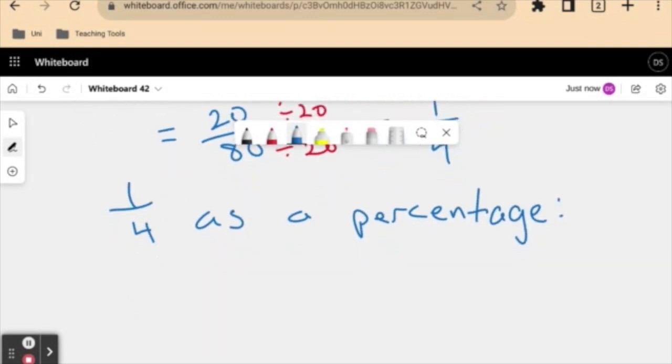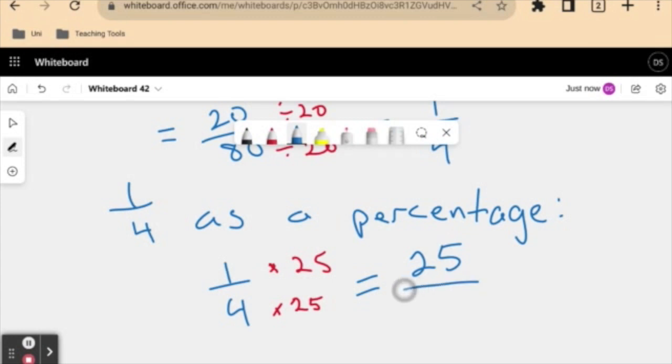I'll multiply the denominator by 25 to get me to 100, and this one by 25 as well. That gives me 25 over 100. And now I have something in percentage form.